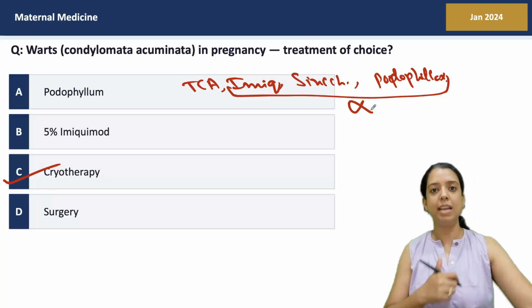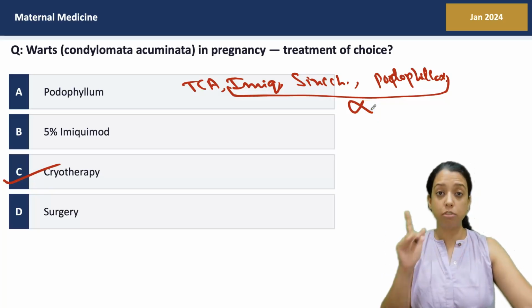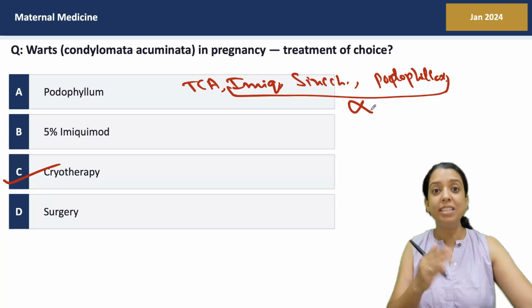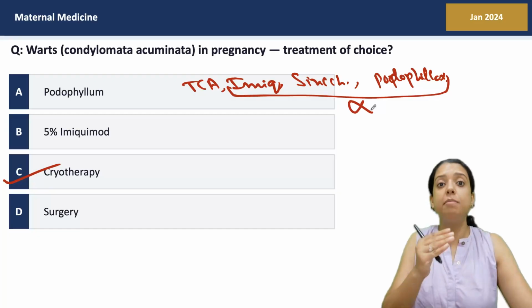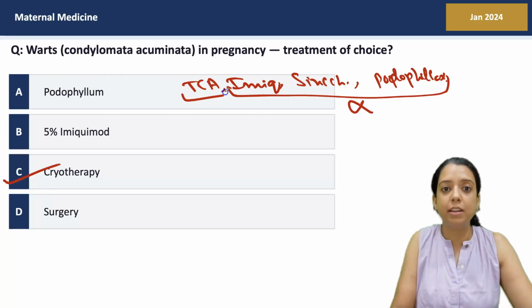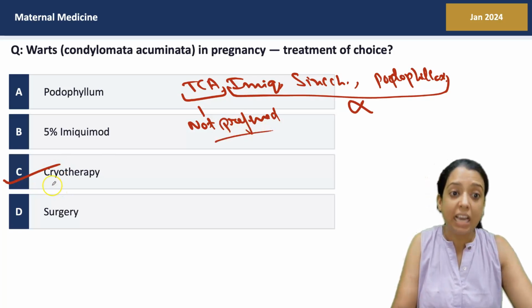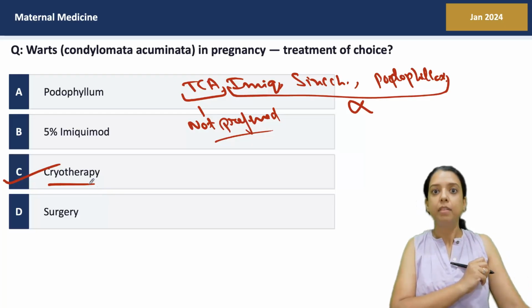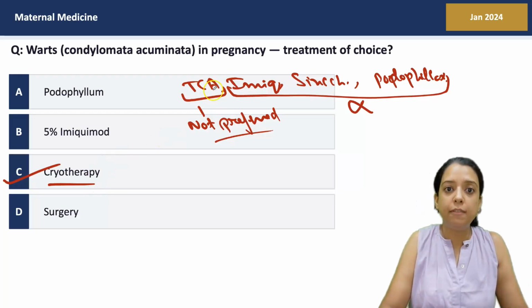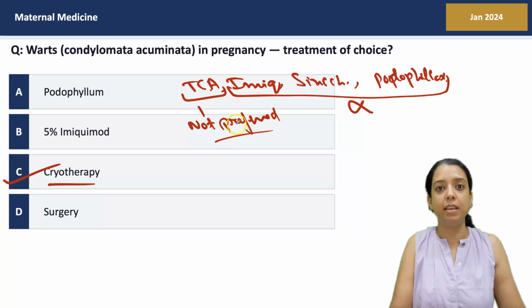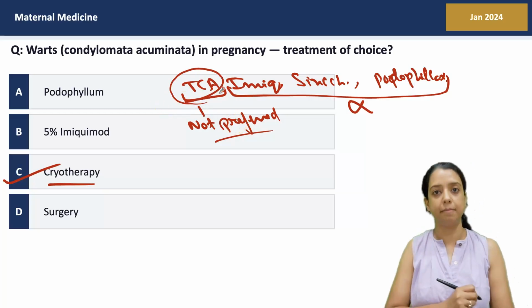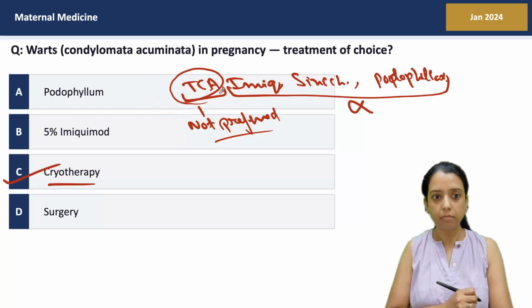So imiquimod, podophyllin and podophyllotoxin cannot be used in pregnancy and in a very sensitive area. Trichloroacetic acid can be used in pregnancy, but it should not be preferred. It can be used, but it should not be preferred. The best in pregnancy is cryotherapy, right? So why I'm telling you this: if these four options come in pregnancy, what to be used? Then you will mark TCA, trichloroacetic acid. Okay?